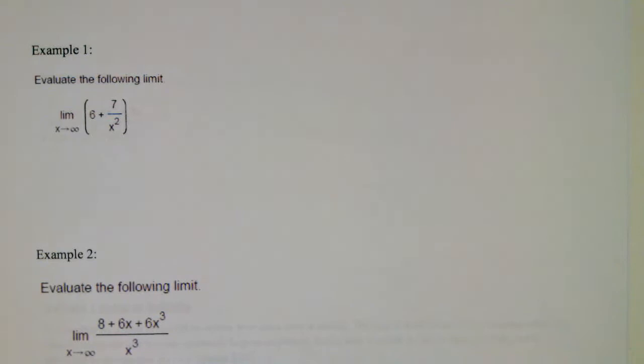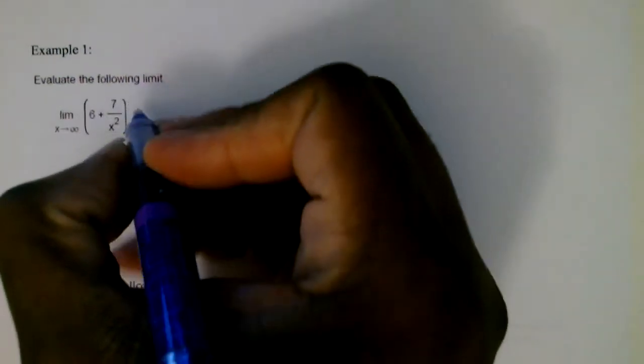In the first example, we're going to evaluate the following limits. In this case, we're going to evaluate the limit as x approaches infinity of 6 plus 7 over x squared. Now here we're going to apply some of the limit laws. Notice I have a limit of a sum.